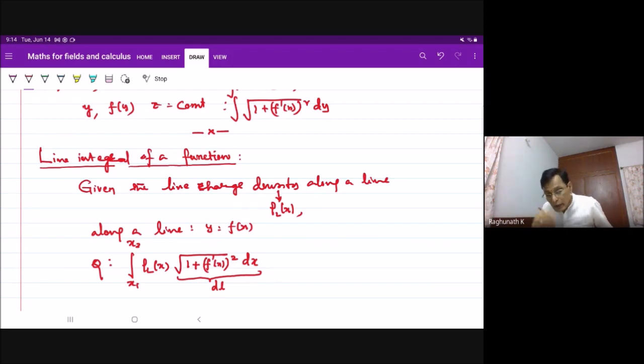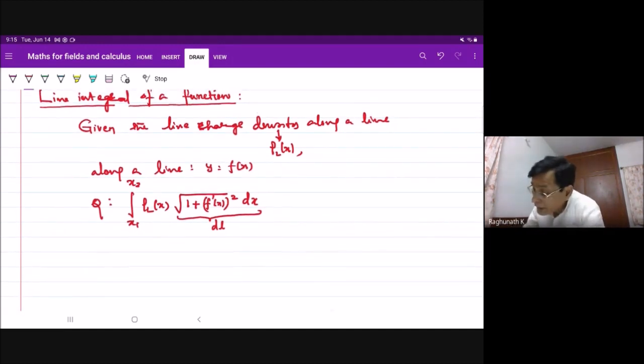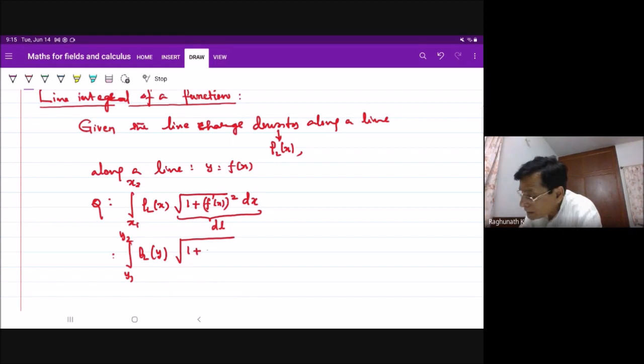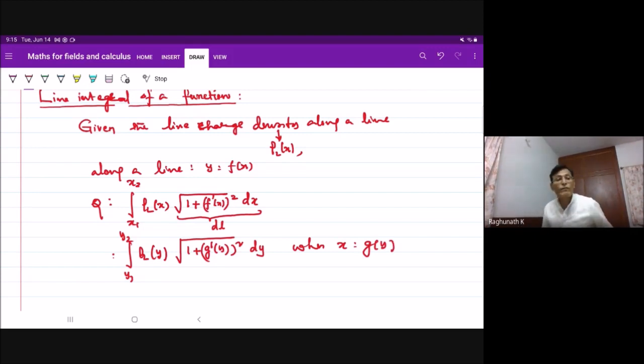Rho L of x root of 1 plus, or the other way around, it can be integral y1 to y2 rho L of y root of 1 plus g dash of y whole square dy, where x is equal to g of y.